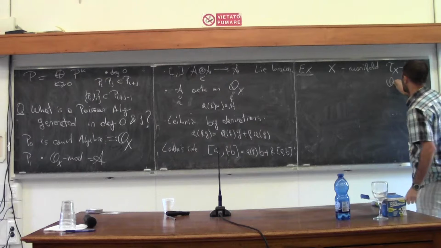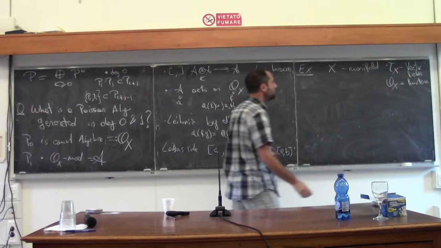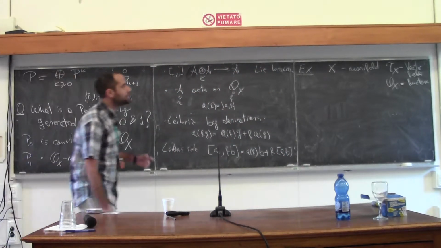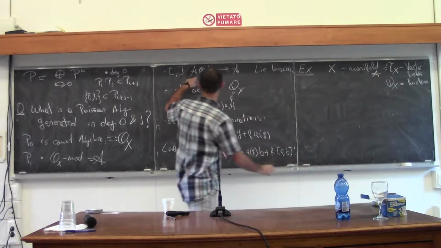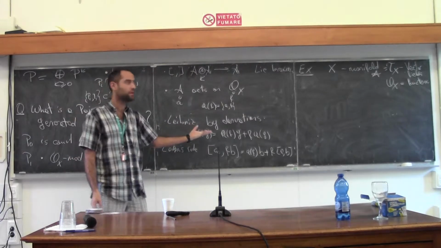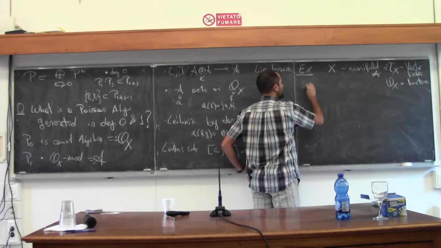Of course, O_X to be smooth functions. I like holomorphic manifolds better, and O to be holomorphic functions. And then T_X is what I would call A. And the bracket is the Lie bracket of vector fields, and the action of vector fields on functions is by derivations. So this is an example of a Lie algebroid, the tangent Lie algebroid.